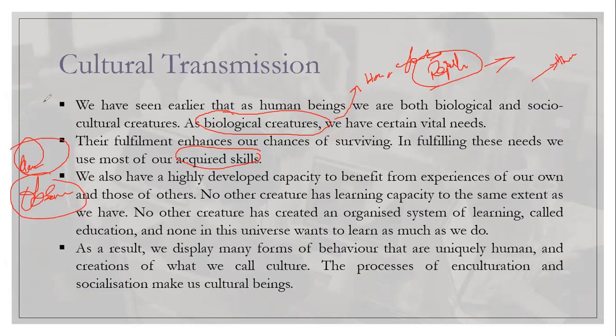He or she has the ability to mold and adapt situations around them. No other creature has created an organized system of learning called education, and none in this universe wants to learn as much as we do. As human beings, we give value to education, we give value to learning, we give value to experiencing new things, right?